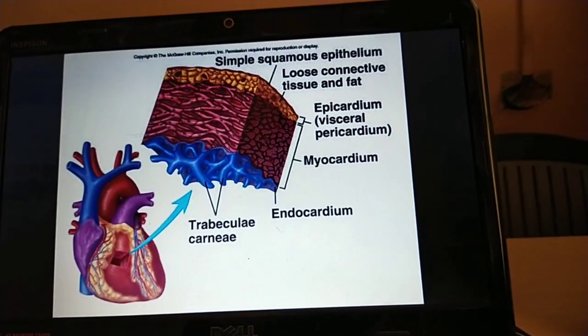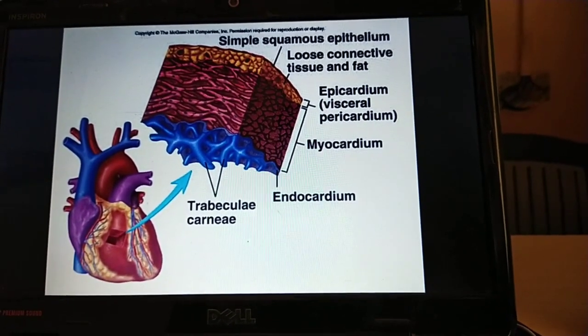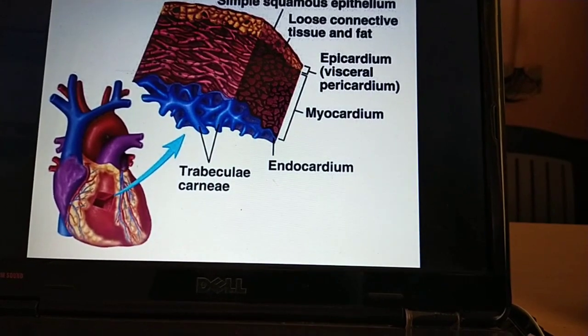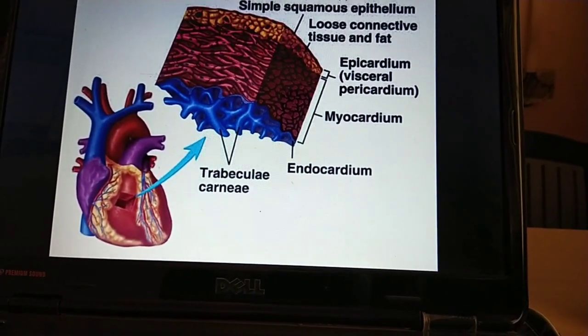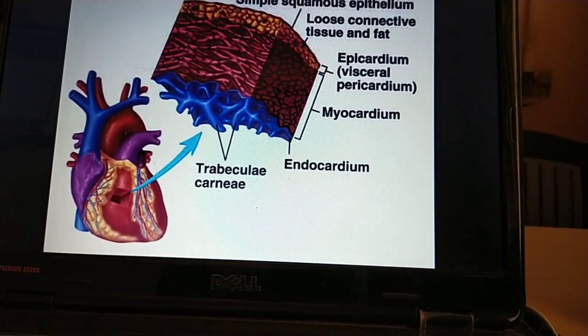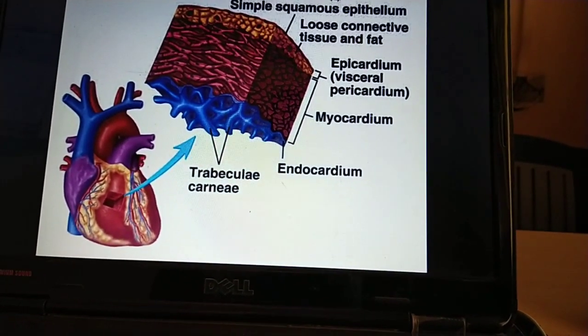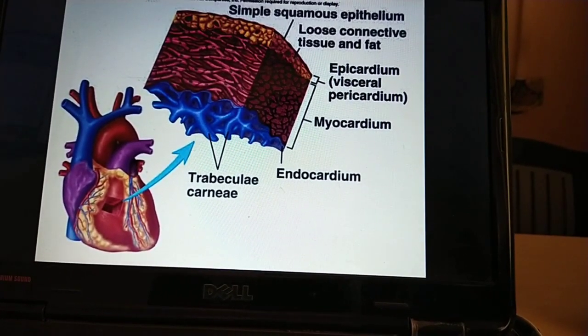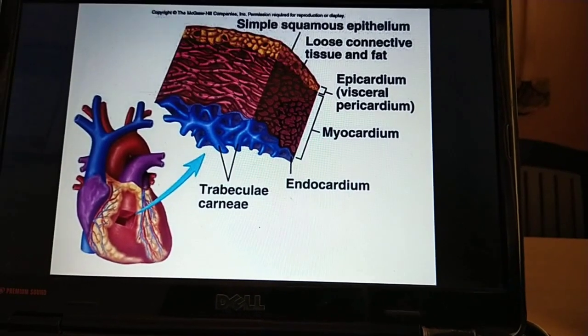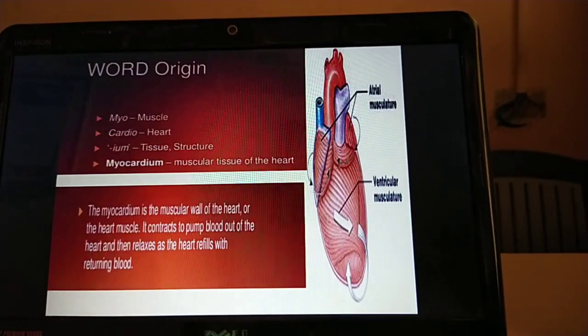The thickness of the myocardium determines the strength of the heart's ability to pump the blood. Okay, we can go to the next slide.